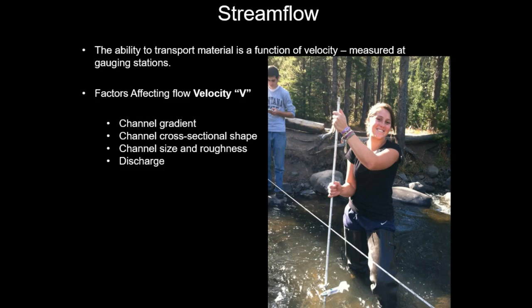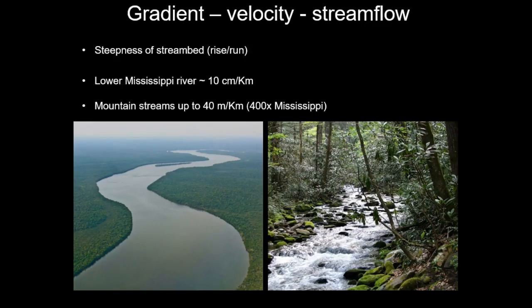So there's a great variation. The main factors that have an effect on the stream's velocity are the channel's gradient, the channel's cross-sectional shape, the channel size and roughness, and the discharge of the channel, which in turn is influenced by the velocity, but we'll look at it in a few slides and you'll see what I mean.